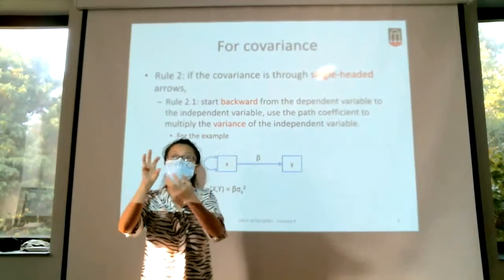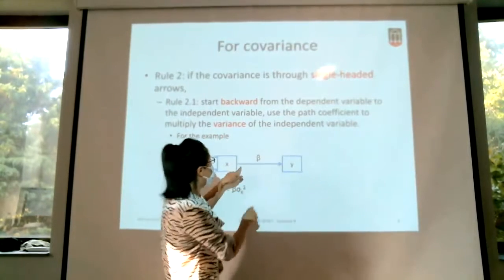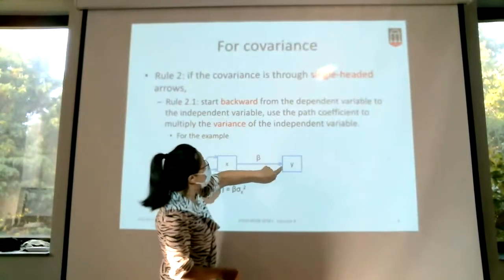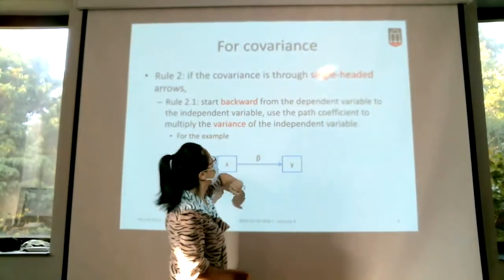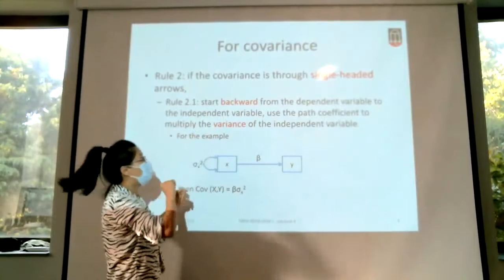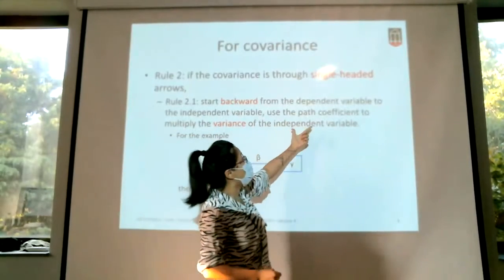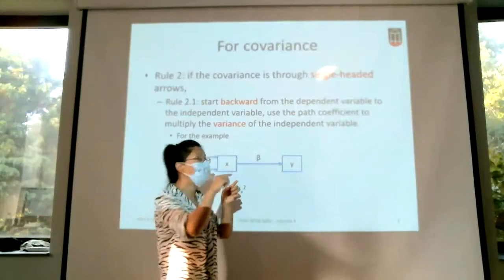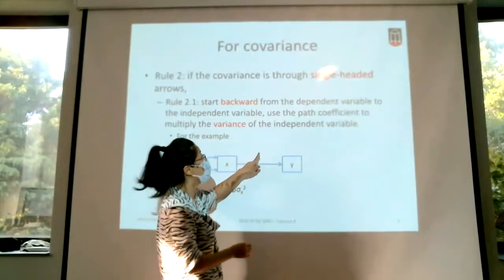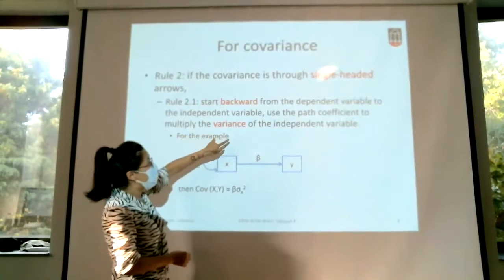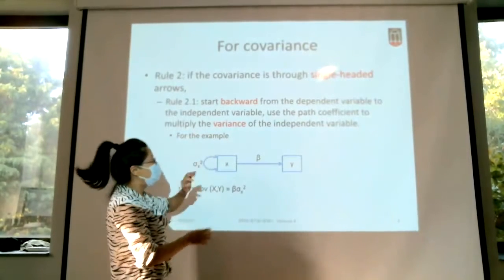The dependent variable is the variable at this end. You start backward from the dependent variable and go back to the independent variable. You use the path coefficient. For a single-headed arrow, there's a coefficient, and you remember that coefficient. You use the path coefficient to multiply the variance of the independent variable.